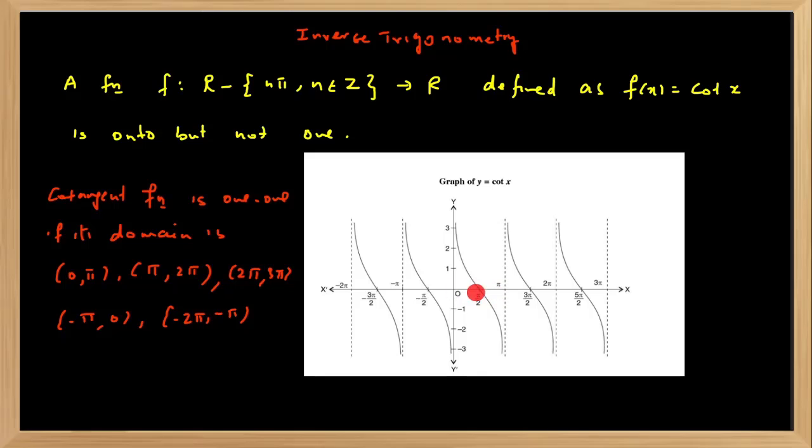So this 0 to pi we will call the principal value branch, and we define cot inverse in this interval. So I can say therefore cot function defined from open interval 0 to pi to R is invertible. Therefore I will define inverse of cot function from R to 0 to pi, because if f is from a to b then f inverse is from b to a.